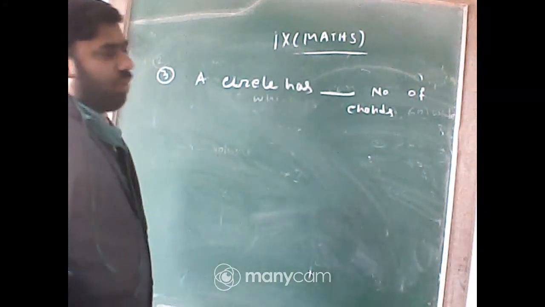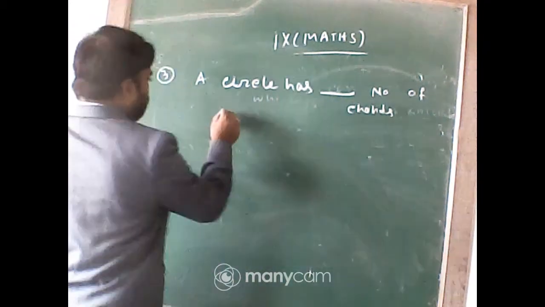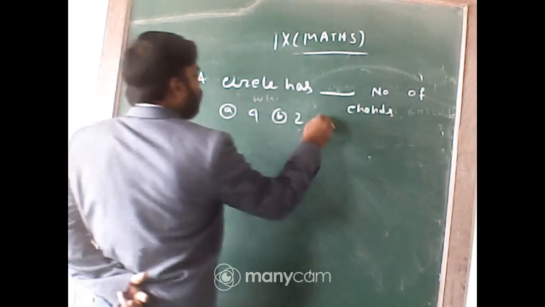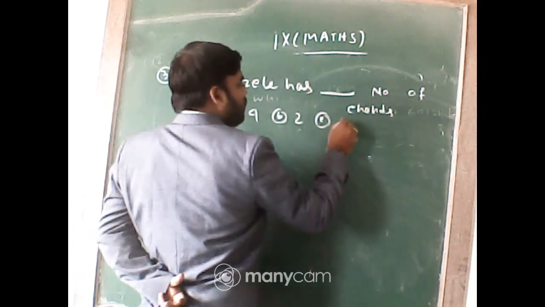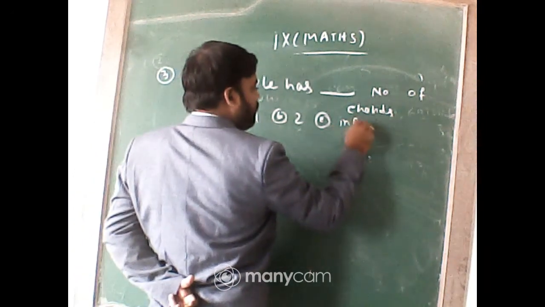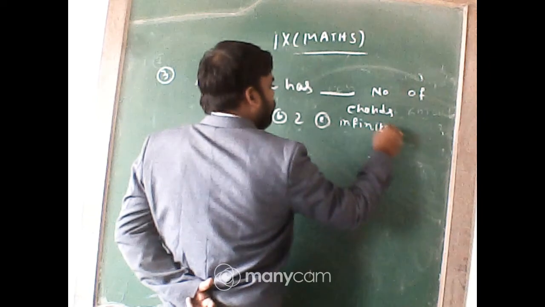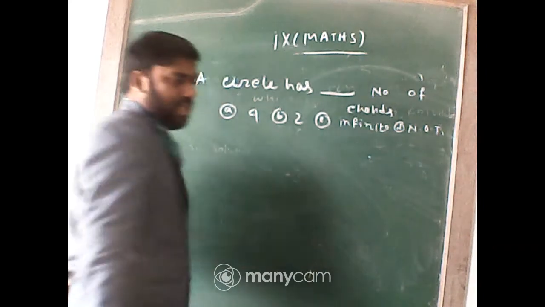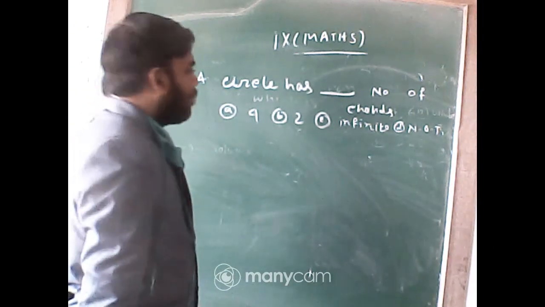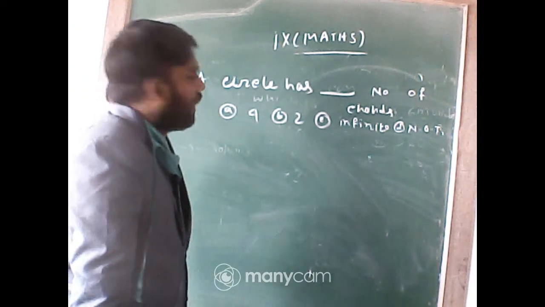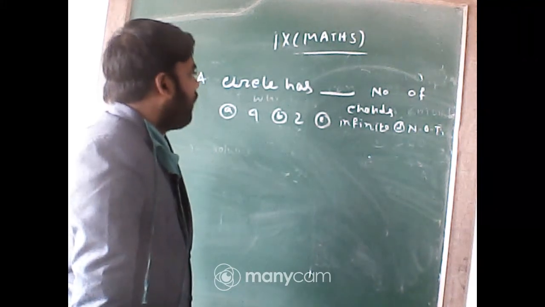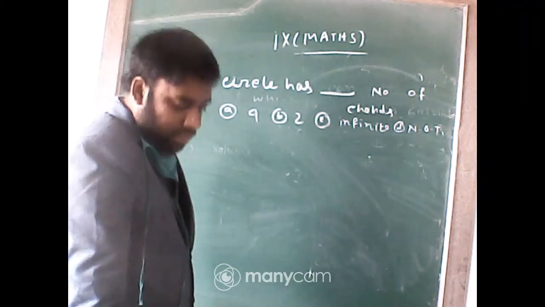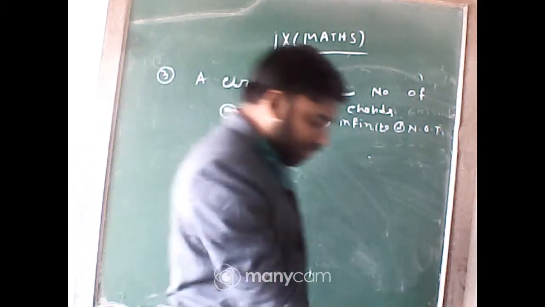Okay, I am giving the option. Option A 4, option B 2, option C infinite, option D none of these. Which one is the correct answer? Yes, option C. It's a very easy question. That is option C, infinite number of chords are there. Okay, got it everyone?